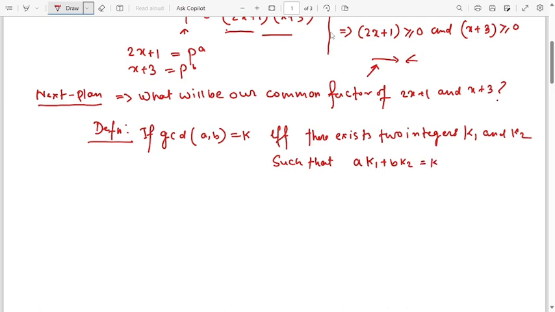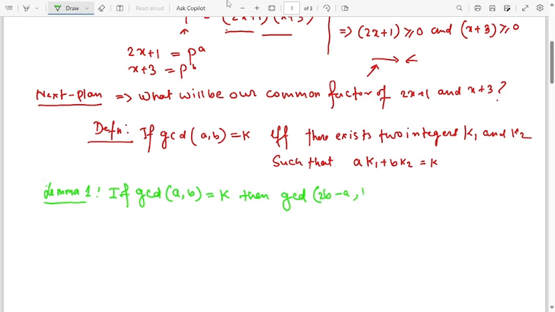So we're going to use lemma 1 related to the GCD. If GCD of a and b equals k, then GCD of 2b minus a, comma b is always k.